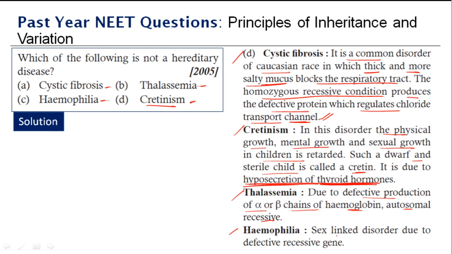Hemophilia is a sex-linked disorder due to defective recessive genes. So hemophilia, thalassemia and cystic fibrosis are hereditary diseases, but cretinism is caused by hyposecretion of the thyroid hormone and therefore it is not a hereditary disease. So the right option is D.